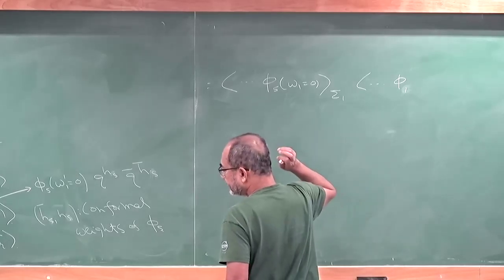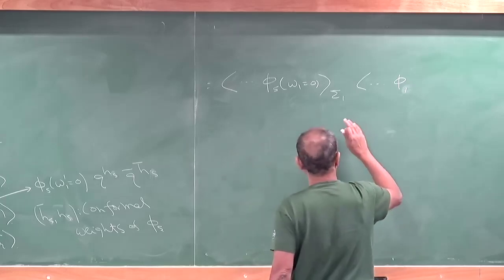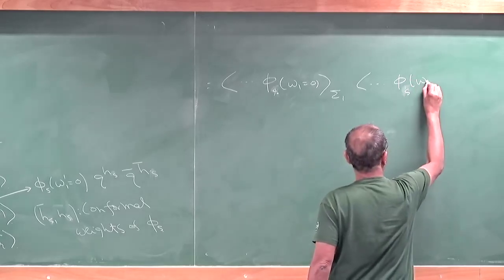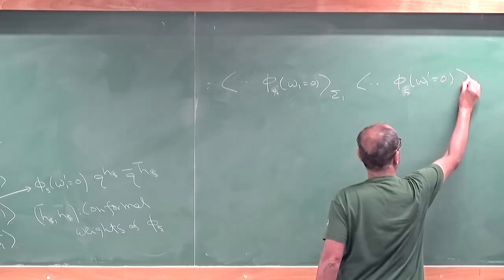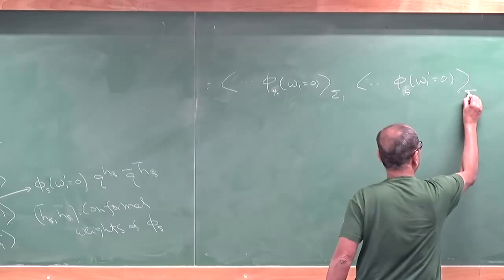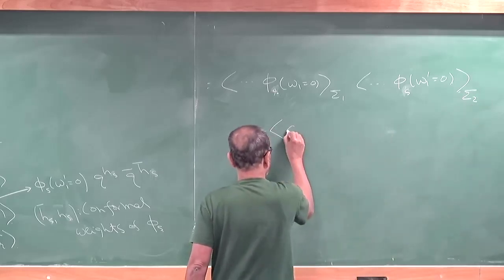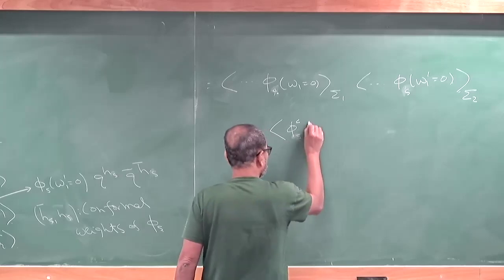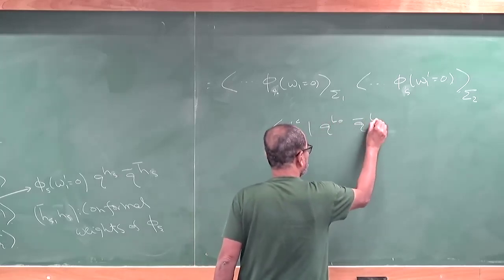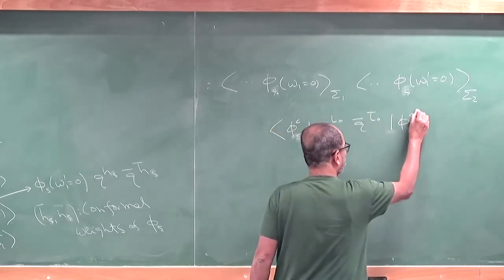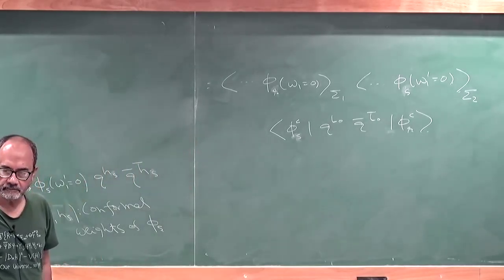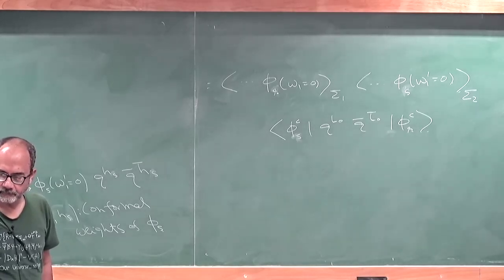First one is phi R, and then phi S at W1 prime equal to 0, sigma 2, phi SC, because the L0 eigenvalue is HS, right?